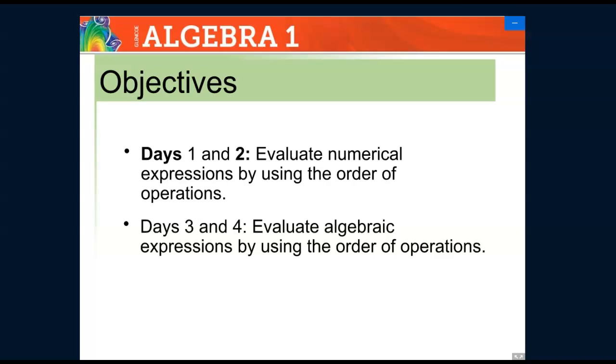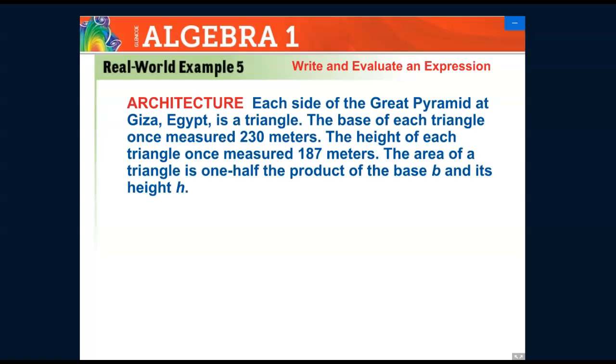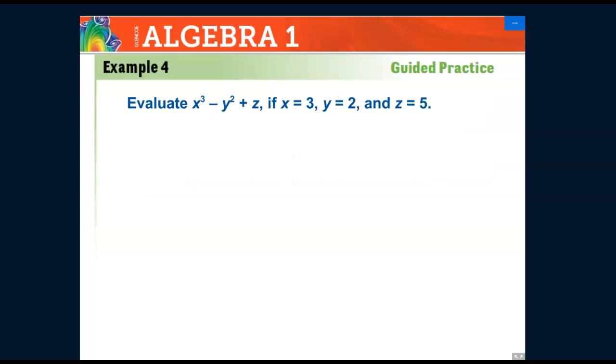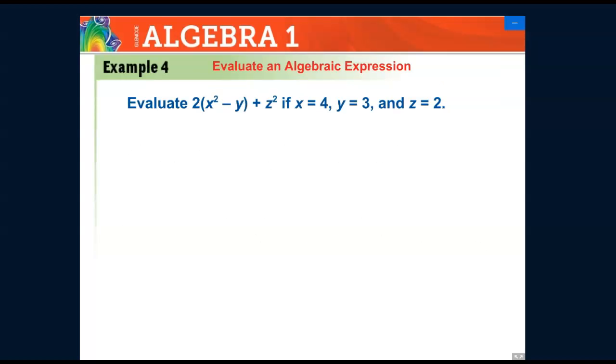So we are, yes, this should seem very familiar to you. We are simply evaluating algebraic expressions by substituting in. So you have: evaluate the following expression given x equals 4, y equals 3, and z equals 2.